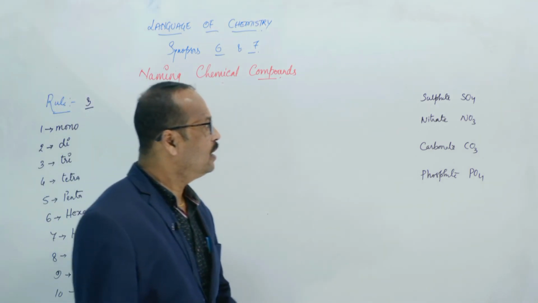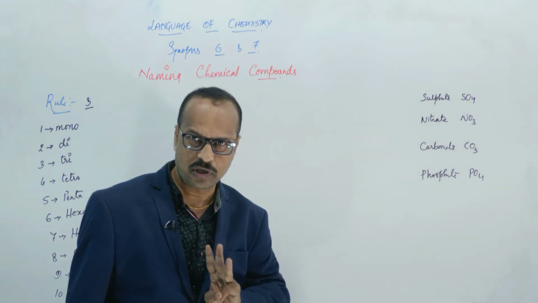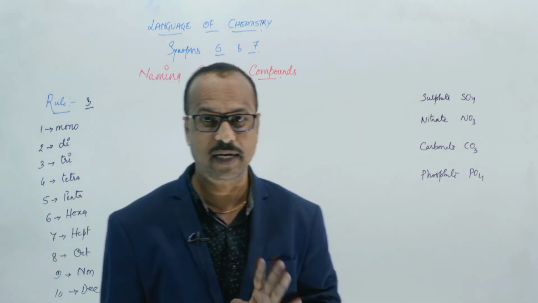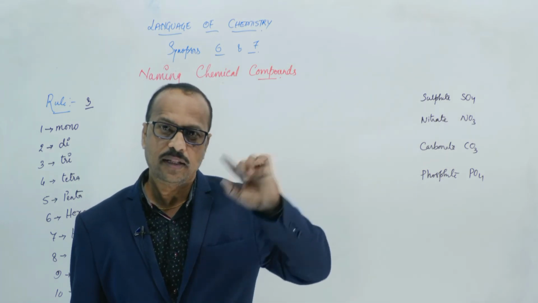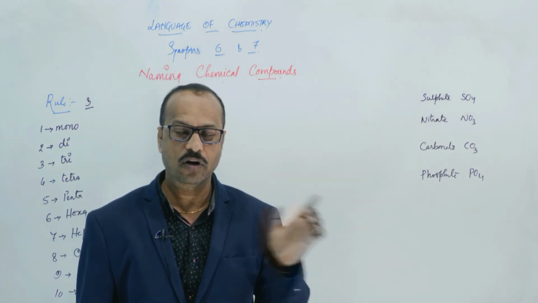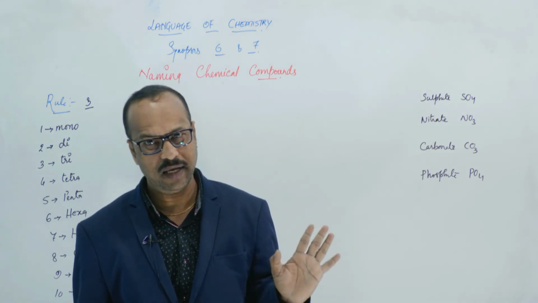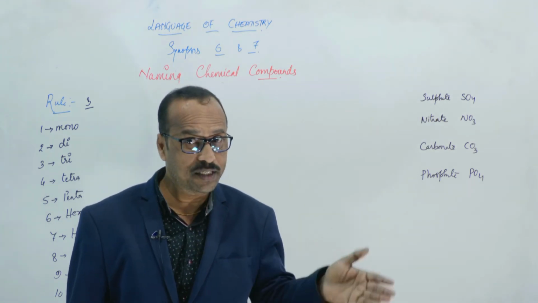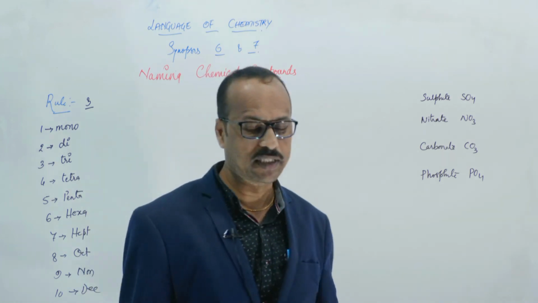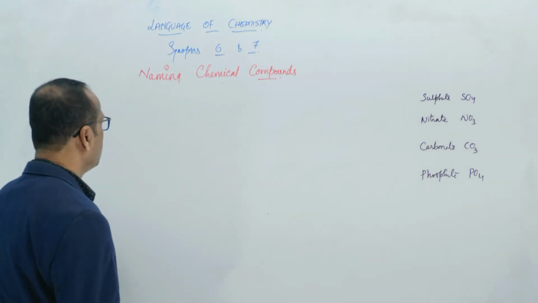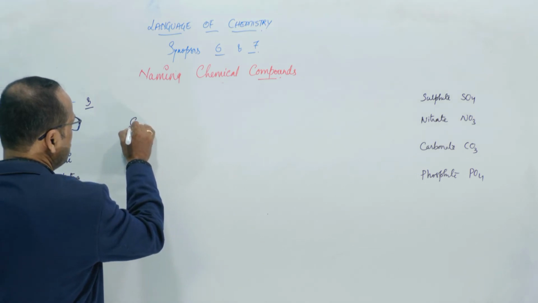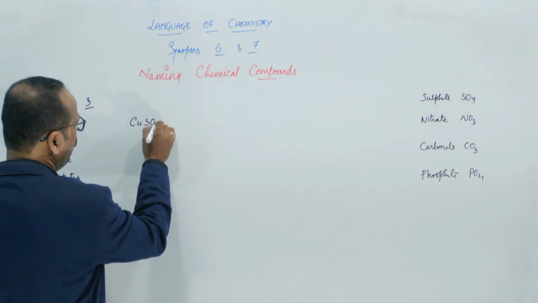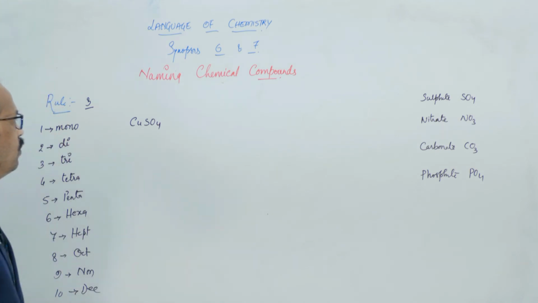So if any compound consists of three elements, then while giving the name, that should normally end with ate. And again there are conditions; those conditions I'll explain to you. Now listen here. For example, I want to write the name of CuSO4.